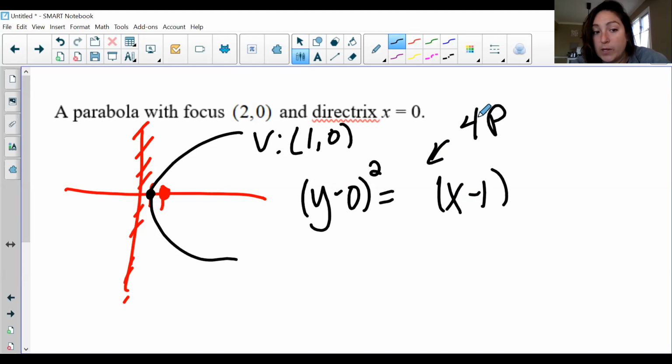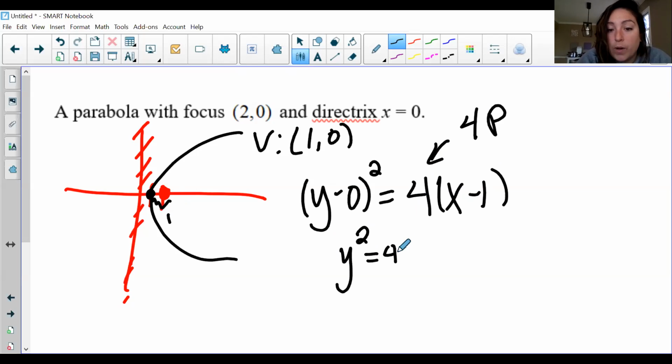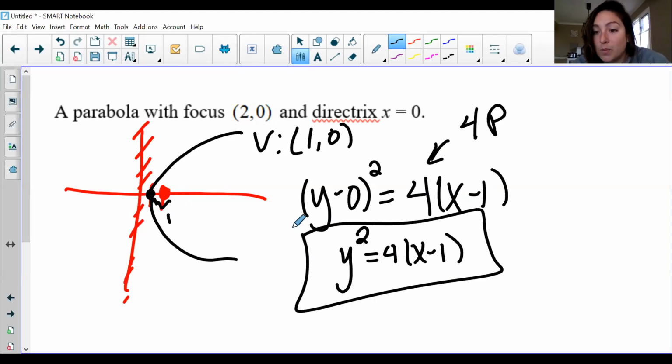P is the distance between your vertex and your focus, or your vertex and directrix. So our p value is 1, so this is 4. I know it's positive because it's to the right. If this is opening to the left, it'd be negative 4. So simplify, and we get y squared equals 4 times x minus 1. Hope that helps.